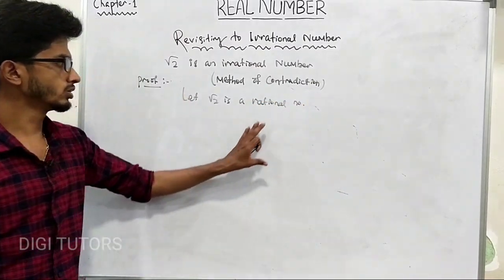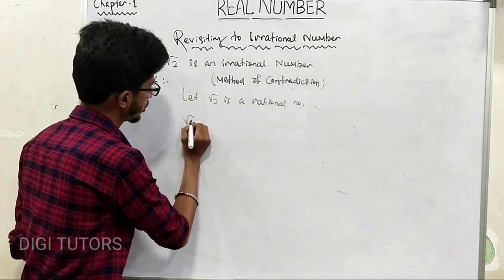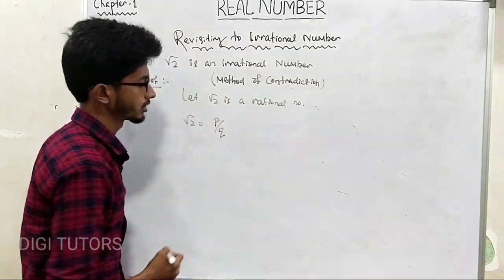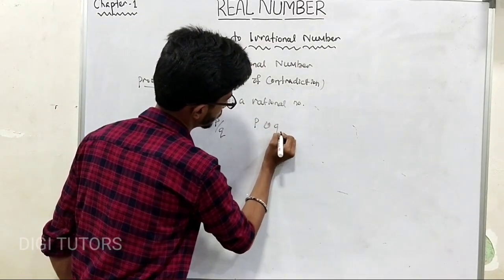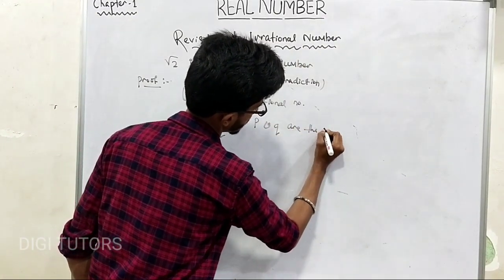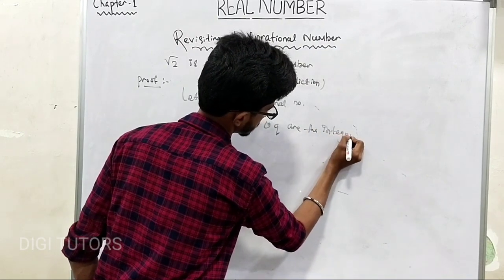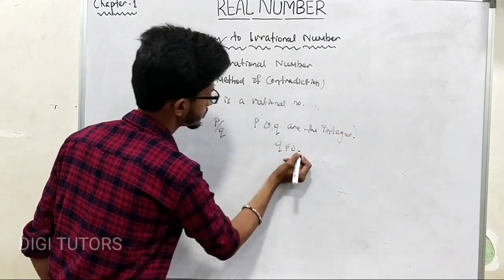We know the form of a rational number, so root 2 equals p by q, where p and q are integers and q not equal to 0.